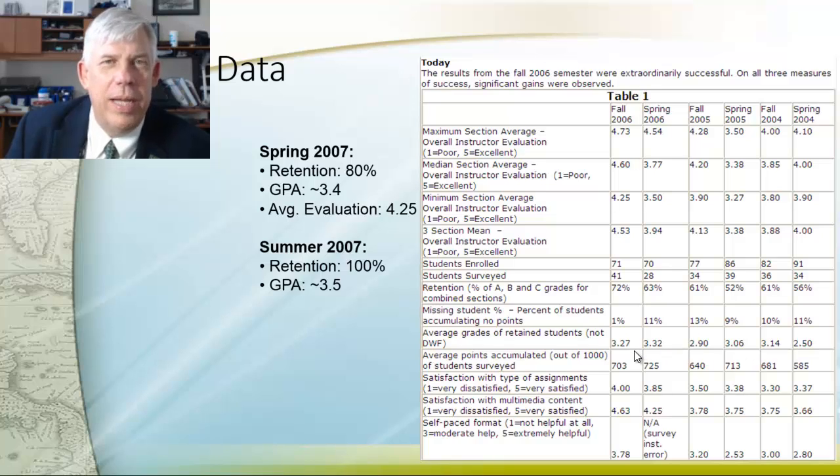There was very little correlation between the grades we handed out and the ratings of the course. The students were simply a lot happier with the new activities. And broadly speaking, this 3.78 on a helpful scale like this is a very strong score. Students actually really liked the self-paced nature of this newly designed course.